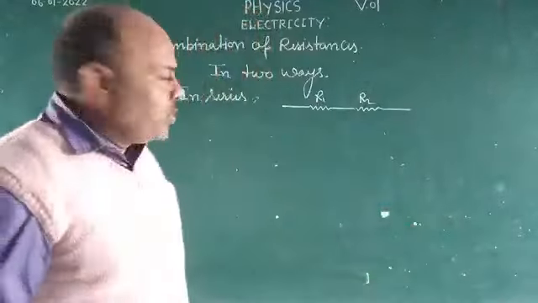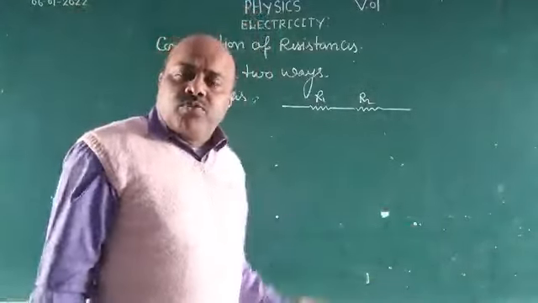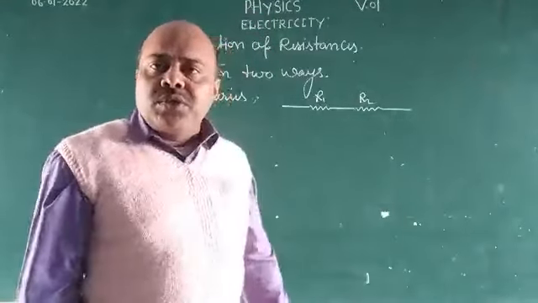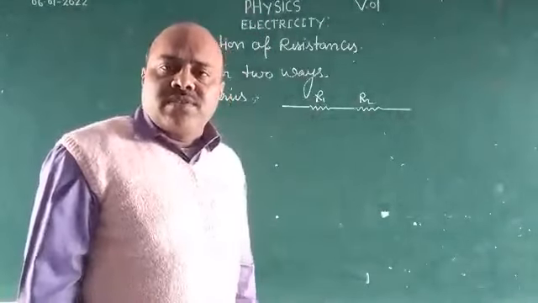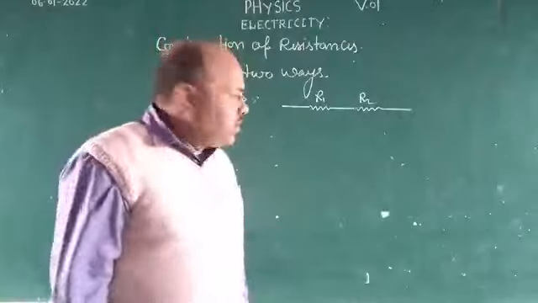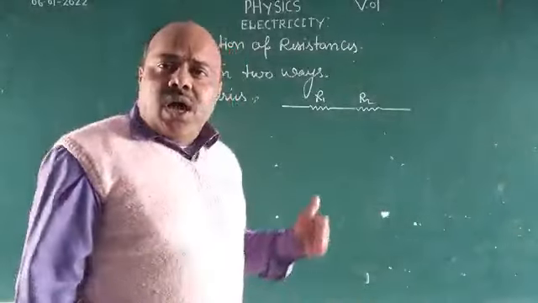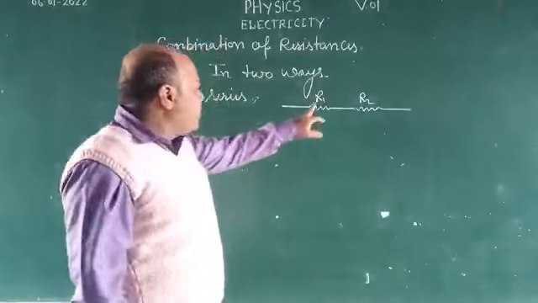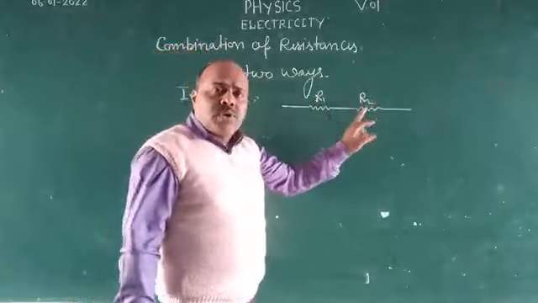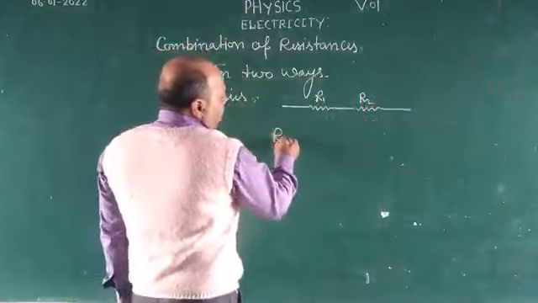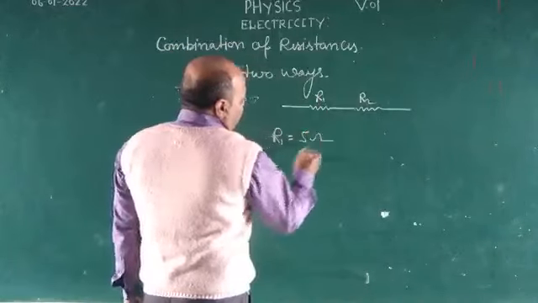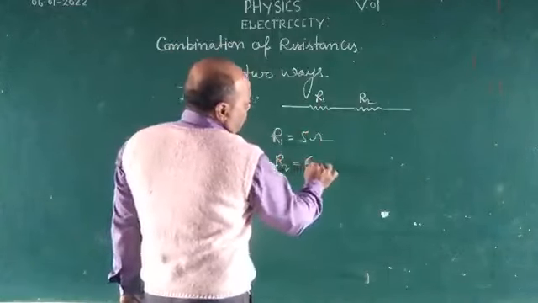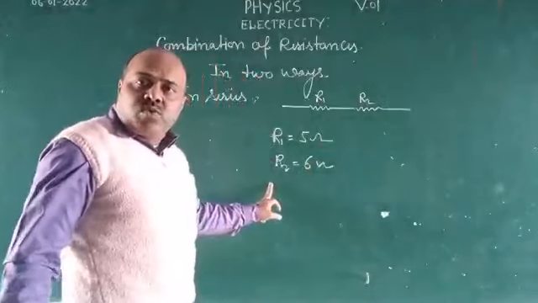Dear student, now we will describe the formula for the equivalent resistance in series combination for two or three resistances. You have two resistances R1 and R2, given R1 is equal to, suppose, 5 ohm and R2 is equal to 6 ohm. Now the net resistance is what?